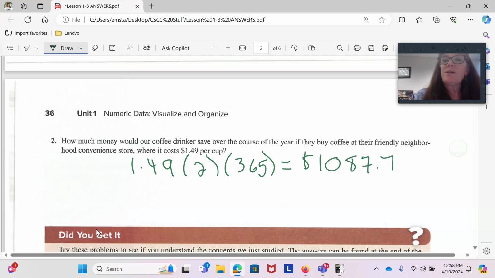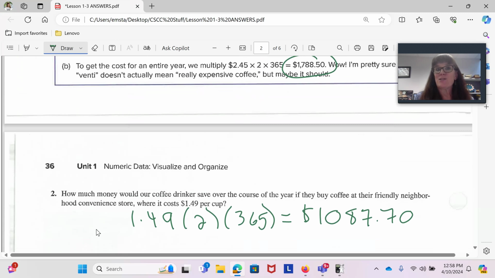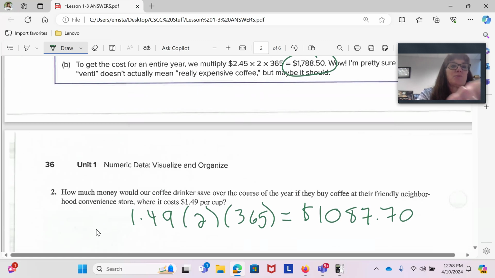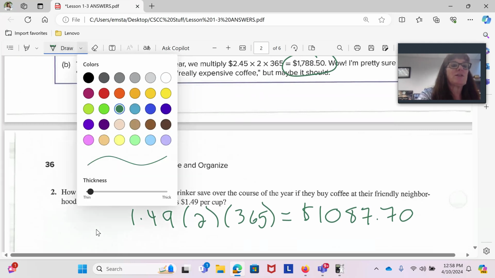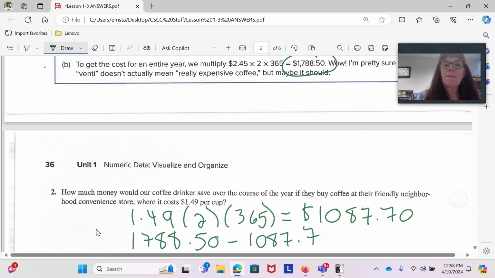So we'll write that down here. When we see the 0.7, we can assume that is 0.70 in terms of money. In the previous example, they were going to spend $1,788.50. So we're going to take that number and subtract our cheaper number from it. Let's do this in a different color. We're going to take the 1,788.50 and subtract what we just got here, the 1,087.70.